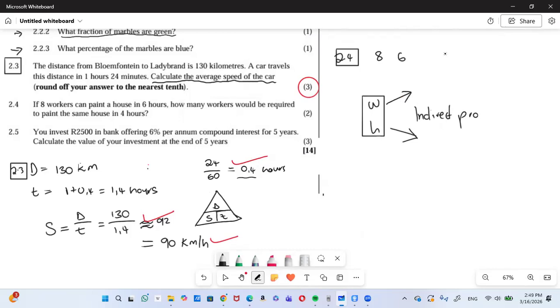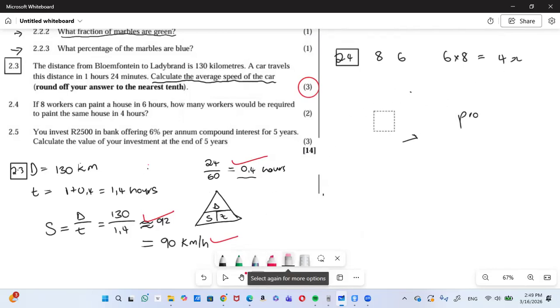And then what is our formula for that? Our formula is 6 multiplied by 8 should be equal to 4 times the number of workers. Do we know the number of workers we want? No. So we need to have it there as x, correct? And then here we have 6 times 8.